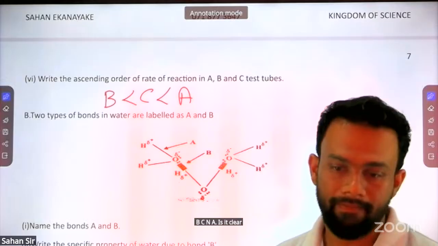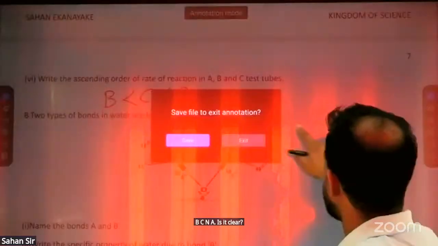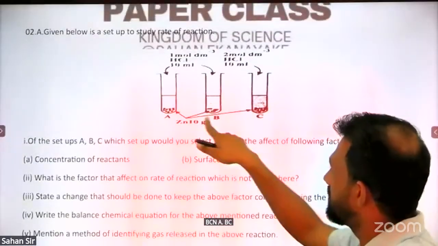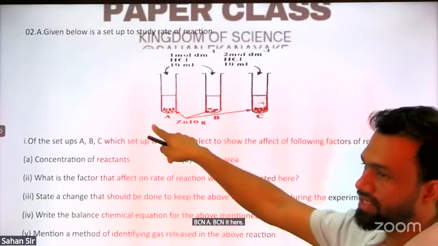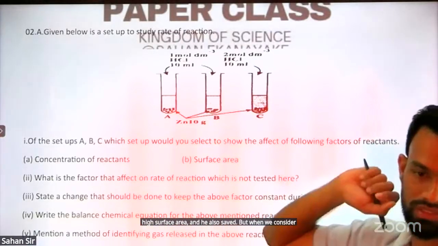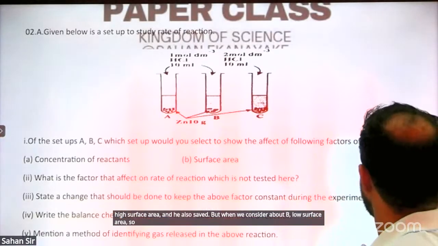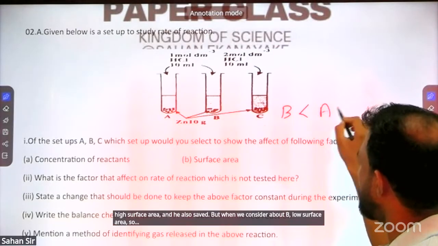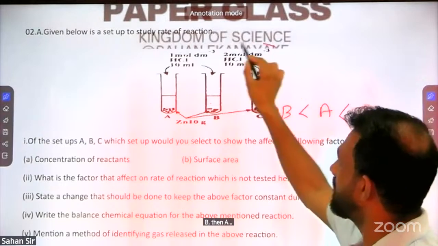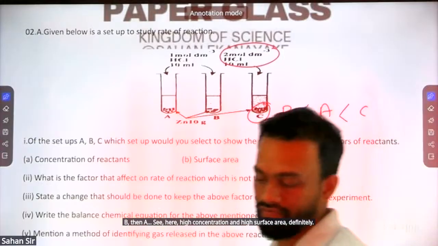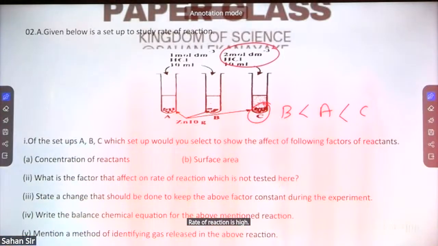Here high surface area, and here also the same. But when we consider B, low surface area. So B, then A, C. Here high concentration and high surface area, definitely the rate of reaction is high.